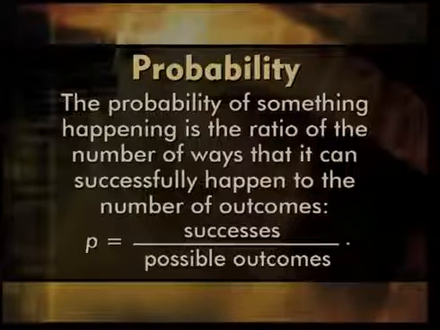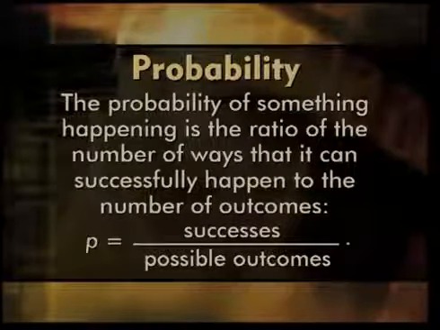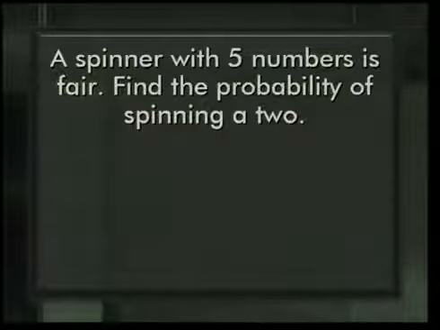Successes out of possible outcomes. So that means if I spun the spinner 5 times and I was trying to get a certain number, for example, suppose I was trying to get a 2.